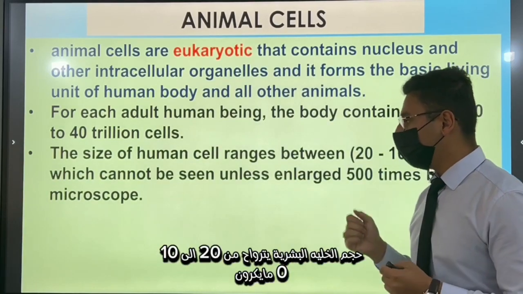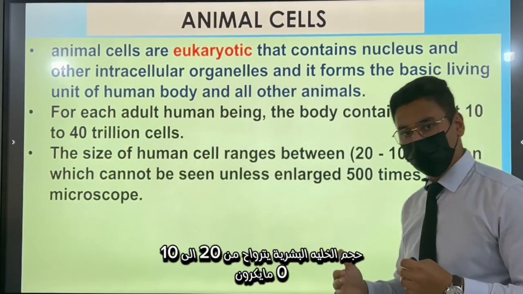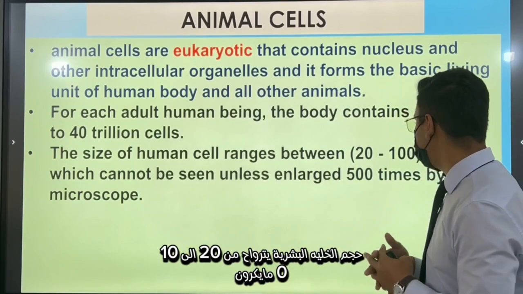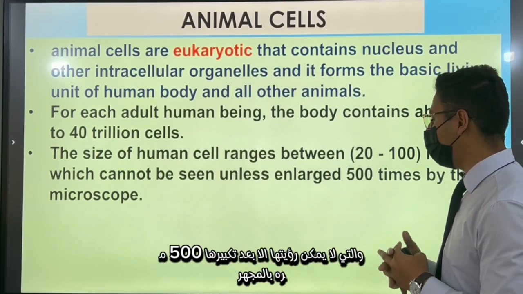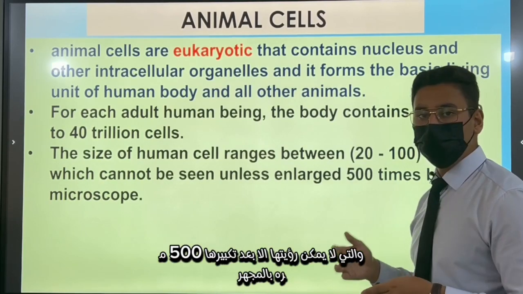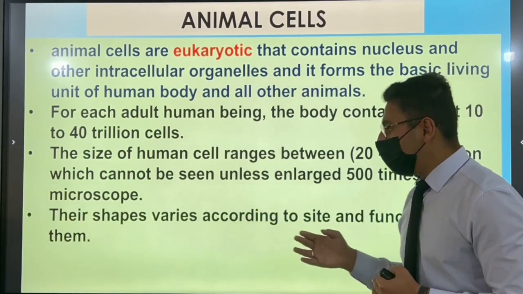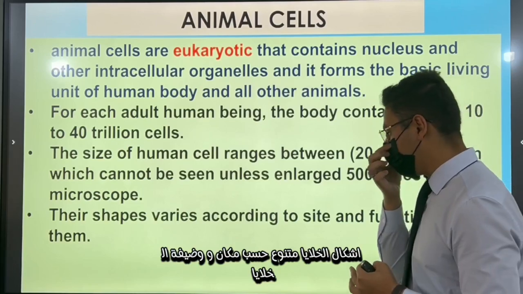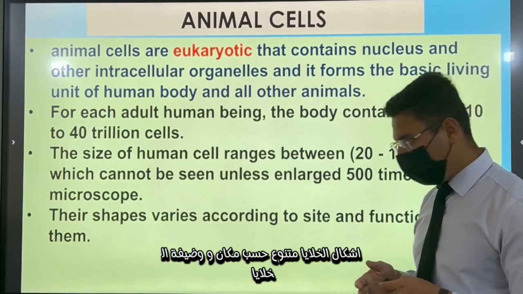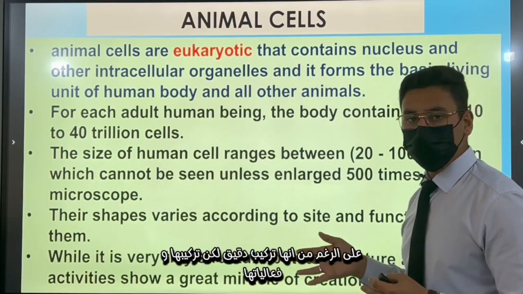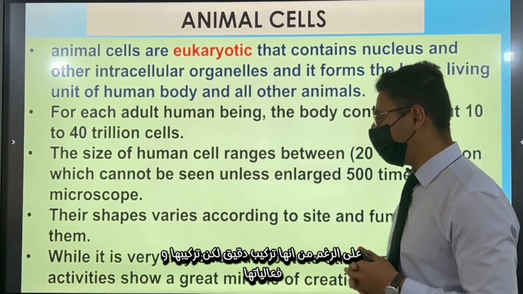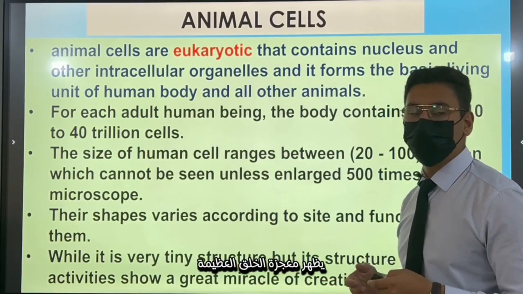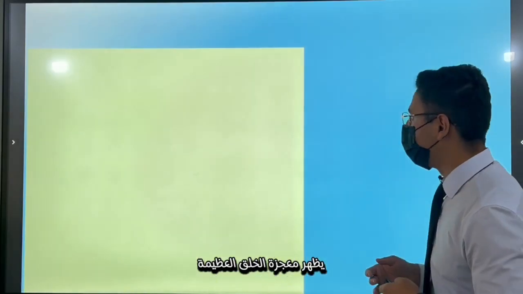The size of a human cell ranges between 20 to 100 microns, which cannot be seen unless enlarged 500 times by a microscope. Their shapes vary according to their size and function. While it is a very tiny structure, its structure and activities show a great miracle of creation.